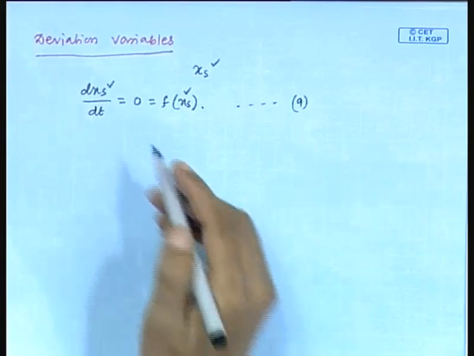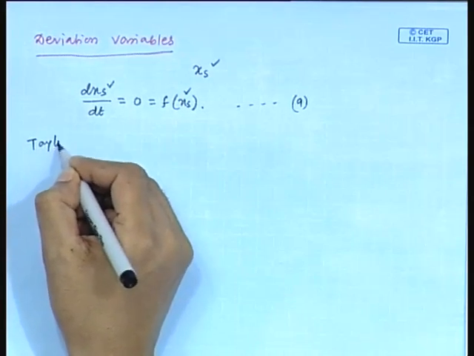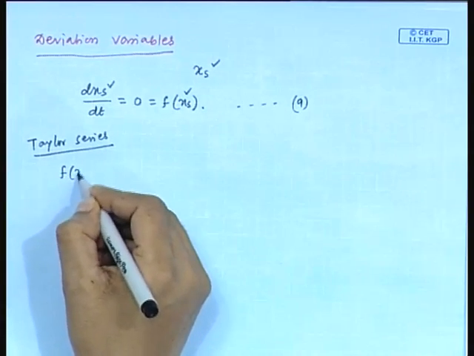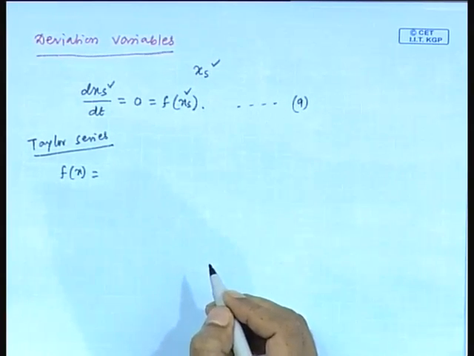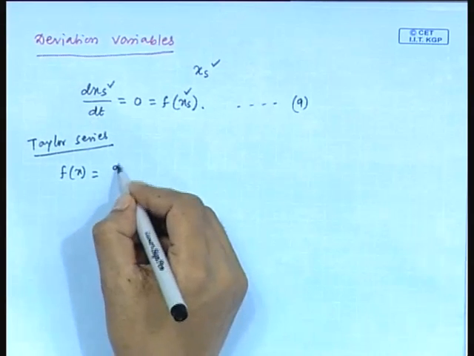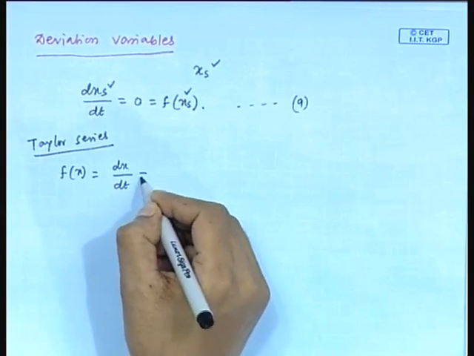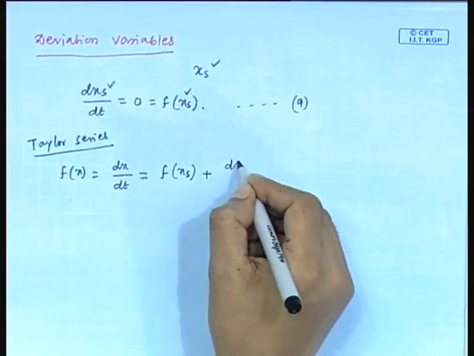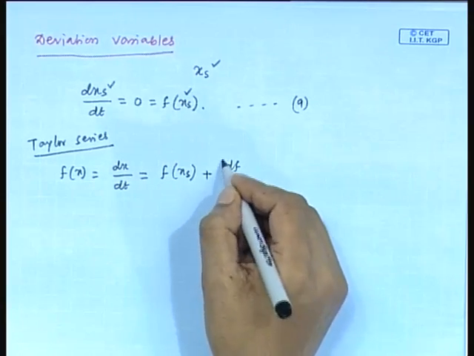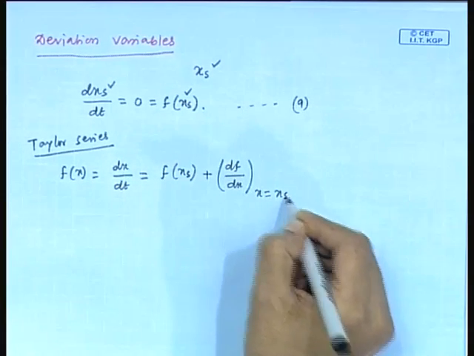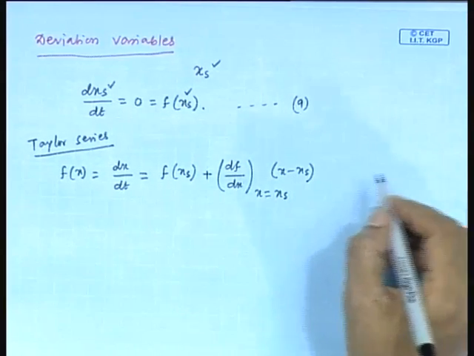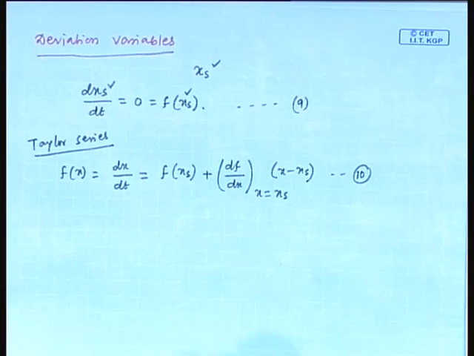Now, according to Taylor series expansion, we can write f(x) just by replacing x naught by xs: dx dt equals f(xs) plus df dx at x equals xs, multiplied by (x minus xs). This is the linearization of f(x) we got earlier.